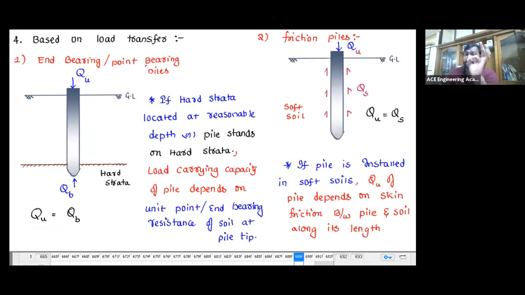The design is simply how much load the pile is able to take, which depends upon the capacity of the soil mass. In the previous chapter, what is ultimate bearing capacity? The maximum gross pressure that the soil can take without any shear failure. Here also, what is Qu? What is the maximum load that I can apply on the pile safely to the soil?